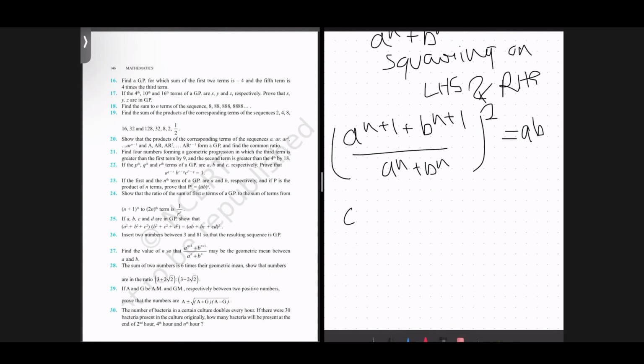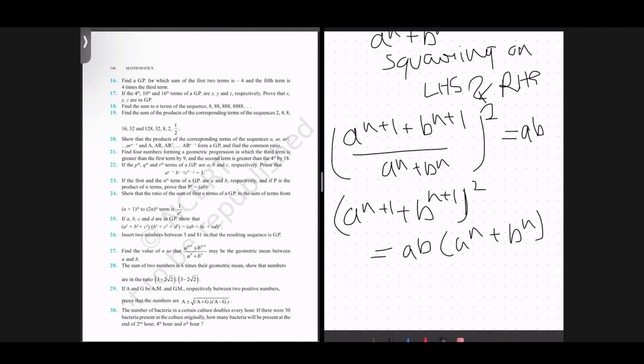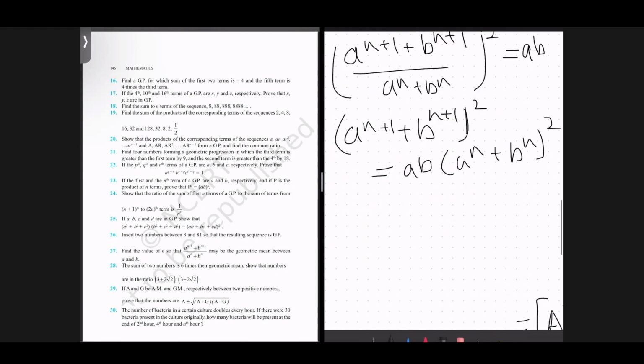So what we now get is (a raised to the power n plus 1 plus b raised to the power n plus 1) whole squared equals ab times (a raised to the power n plus b raised to the power n) whole squared. Correct. Now opening up the terms inside the square.